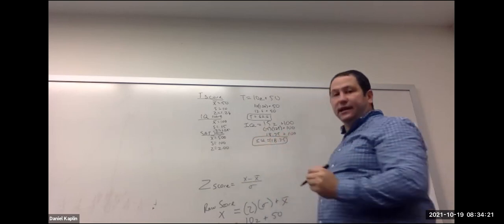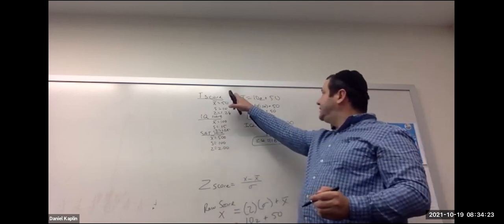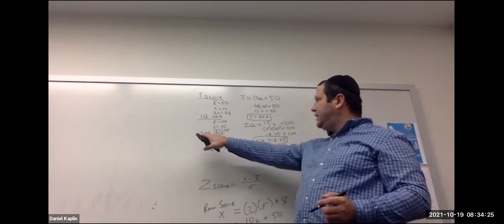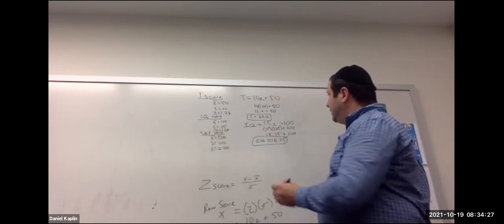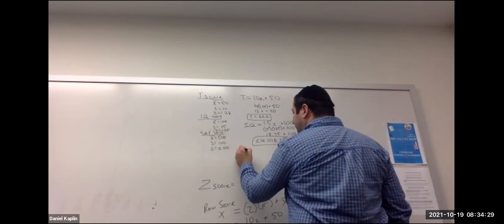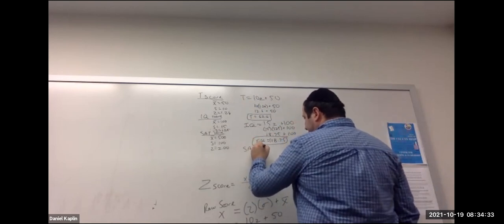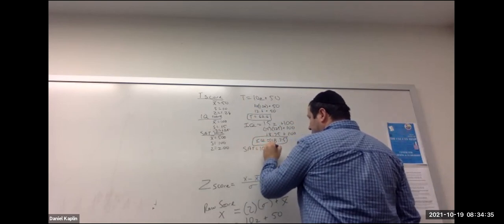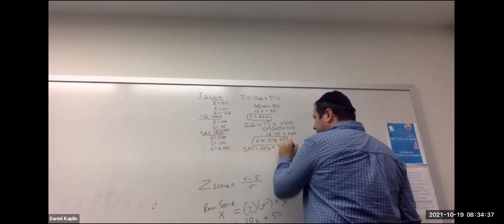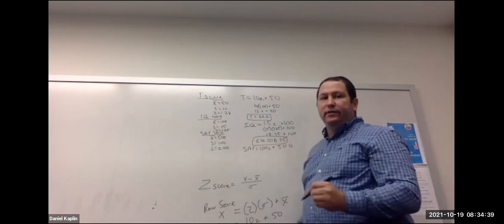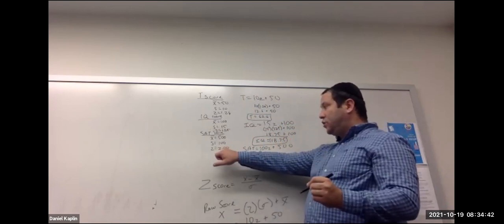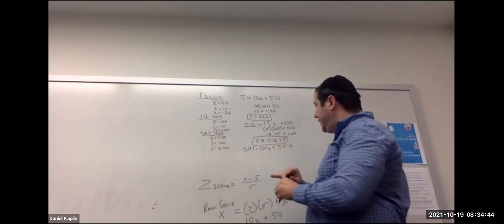So now I've calculated a T-score and an IQ score. The only one left is the SAT score. We know SAT is equal to 100Z plus 500. So what would the SAT score be if the Z-score was positive 2.0?